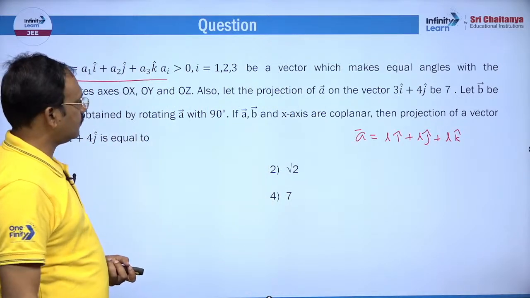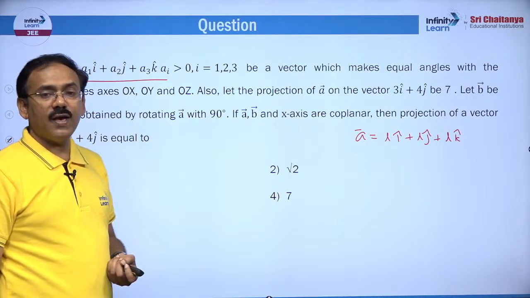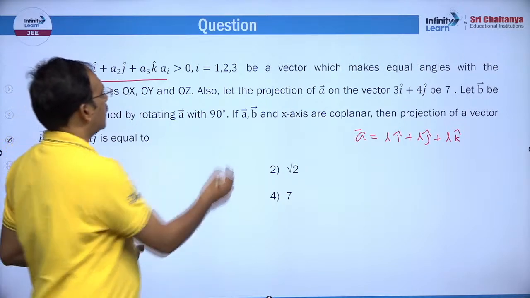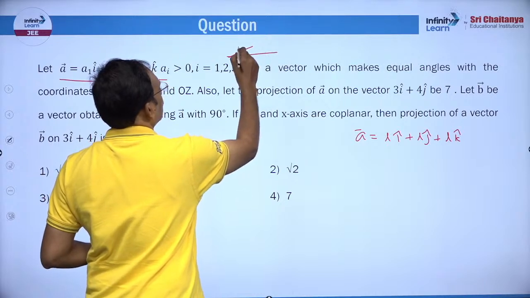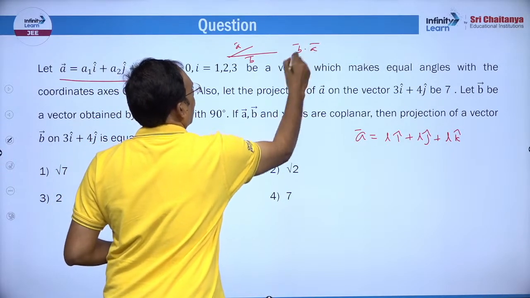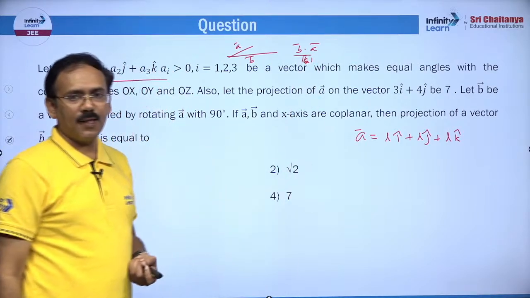Now, the projection of A bar on this vector. I think you know this point, projection of A bar on B bar is B bar dot A bar by magnitude of B bar. Okay.